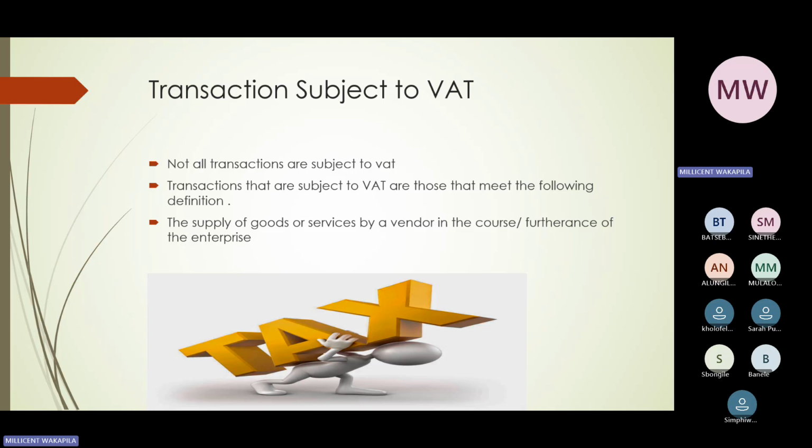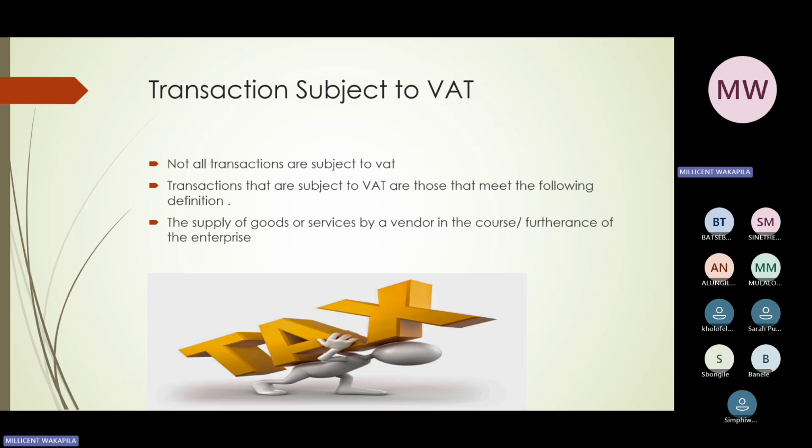For the transactions that are subject to VAT, you have to use either the 15% or the 15 over 115, depending on whether the transaction includes or excludes VAT. But there are transactions that are not subject to VAT. You have to let the lecturer know that this transaction is not subject to VAT, and give a reason why you think that way. So what I'm going to teach you guys now are the reasons you have to give to the lecturers, and what the transactions are that are not subject to VAT.